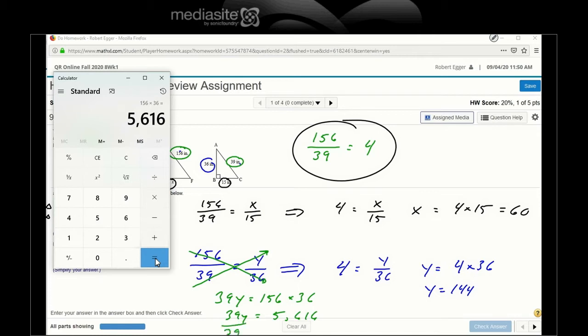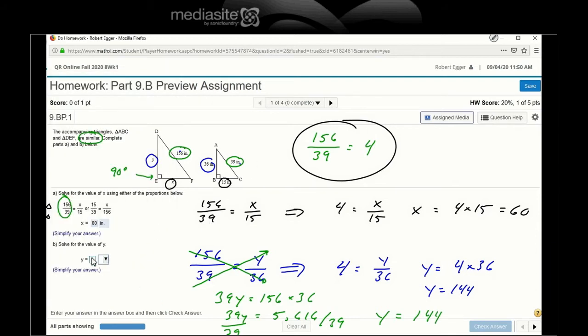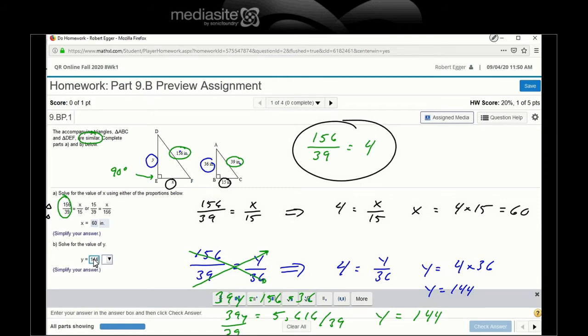And divide both sides by 39. Again, we get y equals 144. Your choice. And again, the inches. It's inches over here, inches here, inches there. That's got to be inches too.